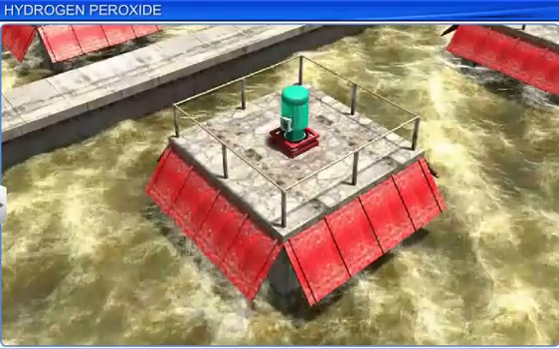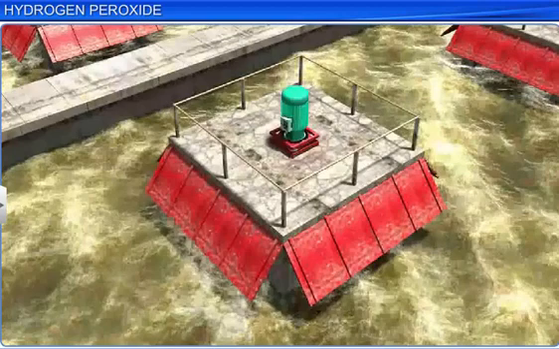Thus, we see that hydrogen peroxide is an important compound.